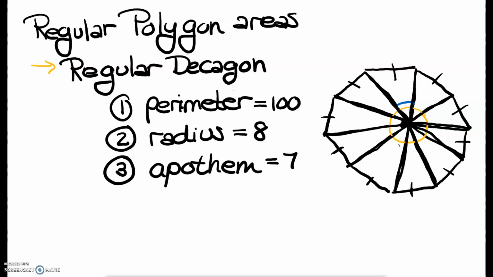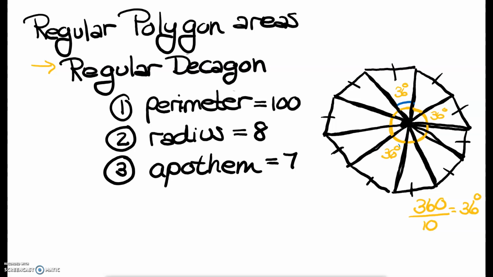Then I need to find the measure of the central angle in the middle. When I draw a circle, I have 360 degrees. Since I divided it into 10 equal triangles, I'm dividing the 360 into 10 equal pieces. So each piece has 36 degrees, every single one of them.